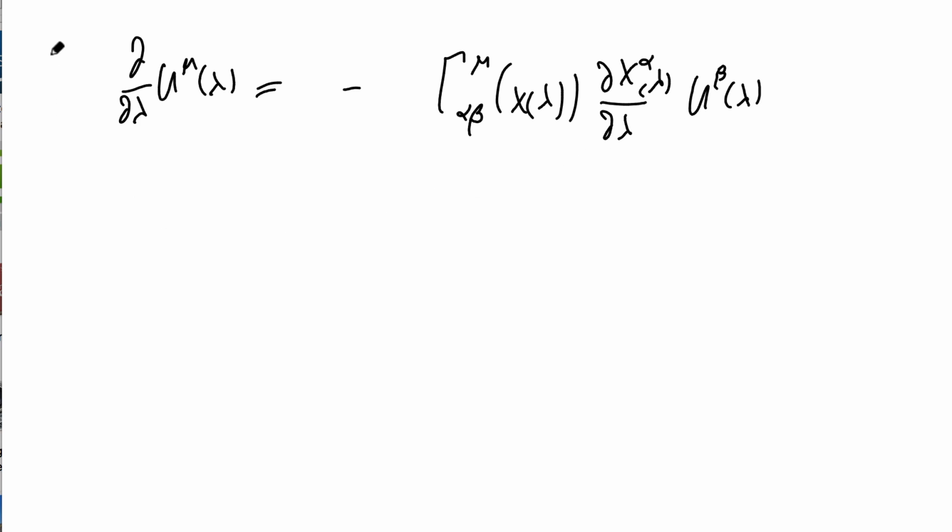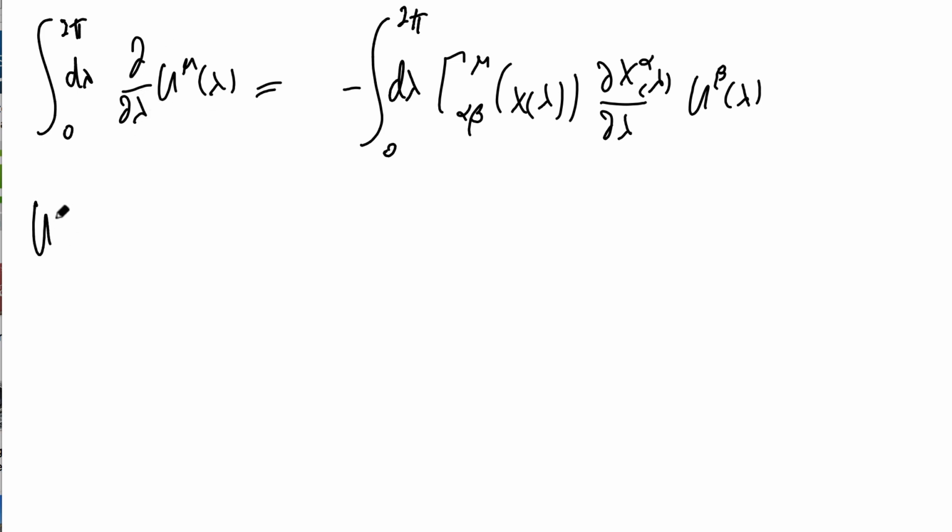And now let's integrate both sides from 0 to 2 pi. On the left-hand side, we have the integral of the total derivative, so that's just u, the components of u at 2 pi, minus the components of u at lambda equals 0.